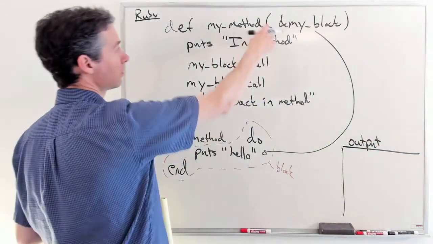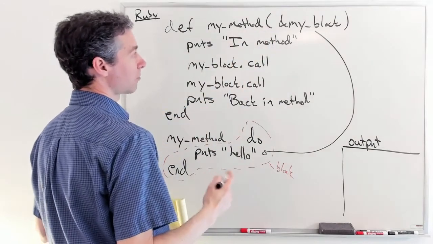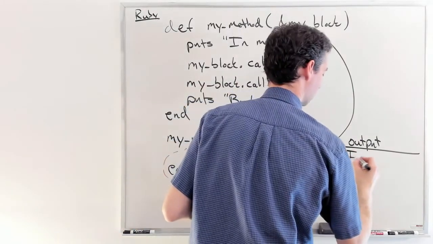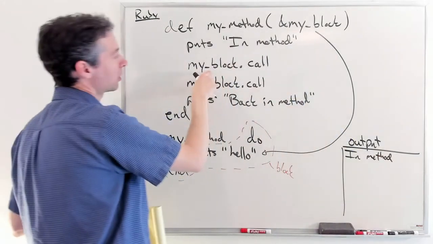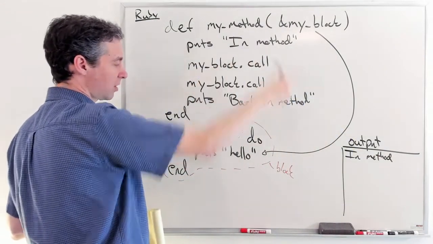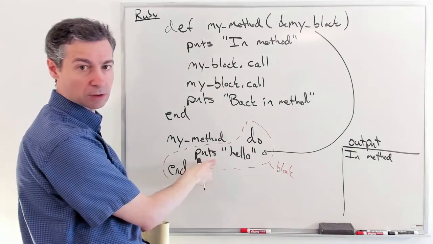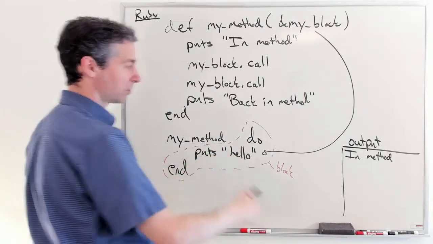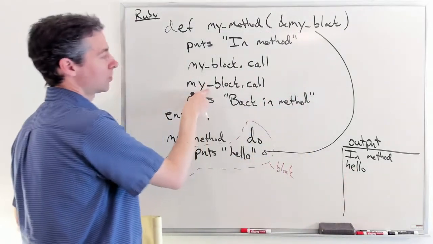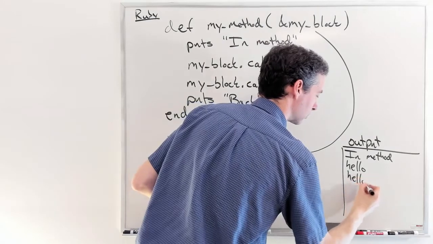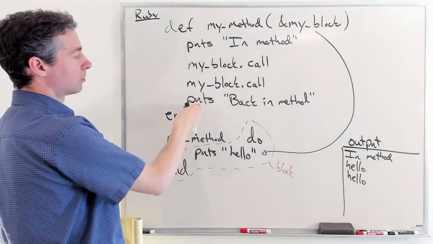First it goes here and it says, oh, yep, in method. Then we're going to call my_block, which says, oh, this is the code in the block. Let's do it. Puts hello, so we get a hello. We call it again, so we get another hello. And then we're back here.